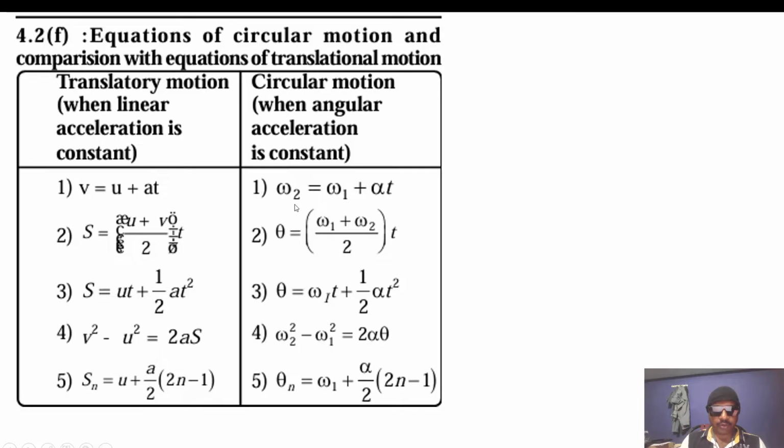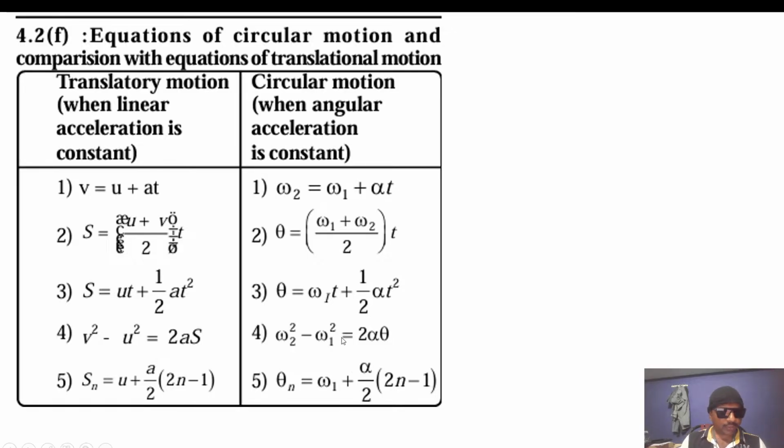Here also, omega 2 equals omega 1 plus alpha t, where alpha is the angular acceleration. Similarly, theta, the angular displacement, equals omega 1 t plus 1 by 2 alpha t square.